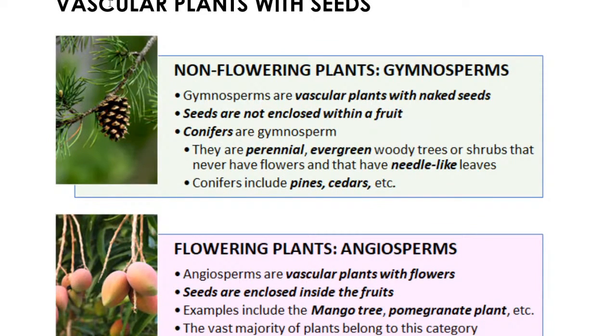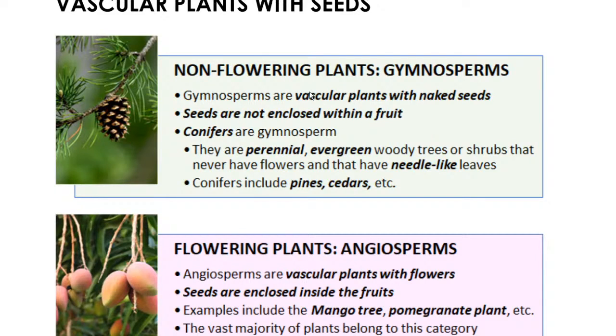Vascular plants with seeds can be divided into two groups. One of them is non-flowering plants, and their name, very important, is gymnosperms. And we have vascular plants with flowers, the flowering plants, which are angiosperms.